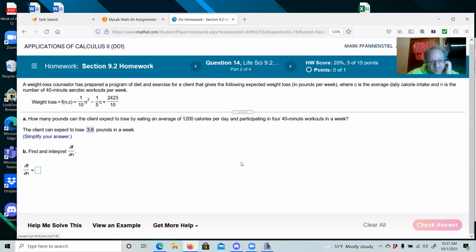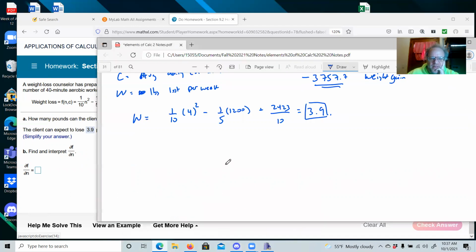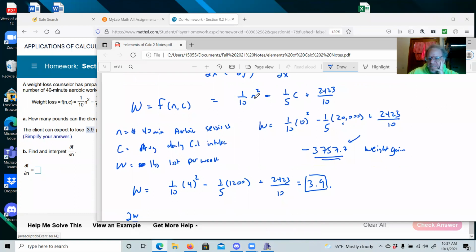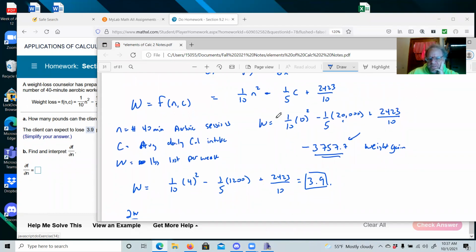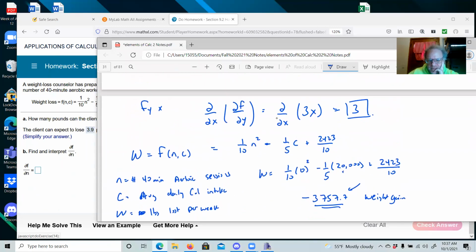That's what they said. Find and interpret df by dn. Okay, so let's go through and find it, and then we can put some words to it. All right, so we want dw by dn. dw is equal to 1/10 n squared, so this is going to be twice 10 times n.